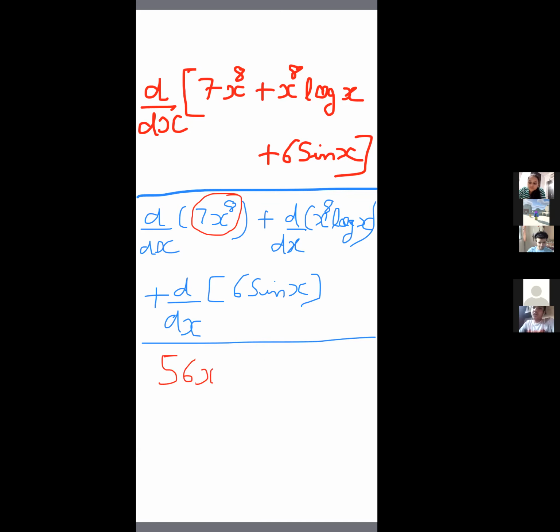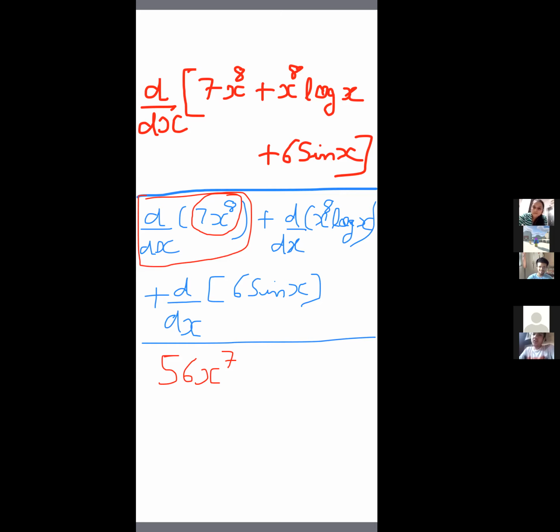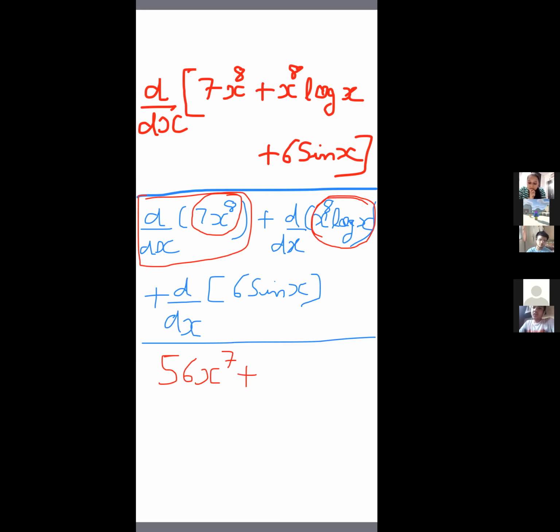This is the answer for the first term. Tell me if you're getting this answer, correct? 56 into x power 7. Now, plus, let me apply product rule to x power 8 into log x.